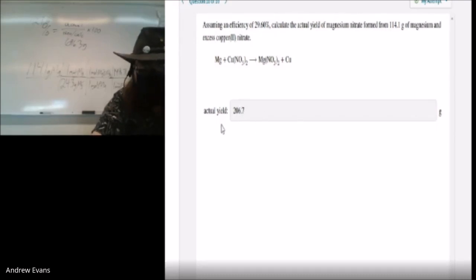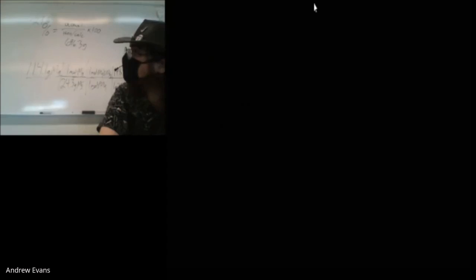But that was the percent yield problems for this chapter. Just wanted to quickly look at those. So we have gone over some example problems of that. Now I'm going to open up the assessment part B, which is the stoichiometry of molar solutions.